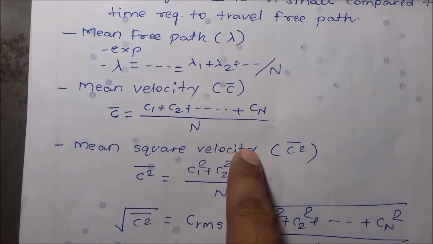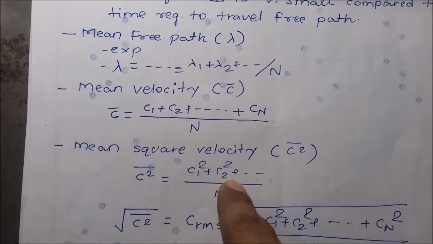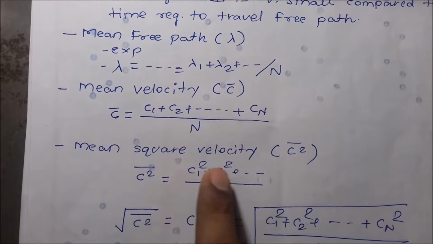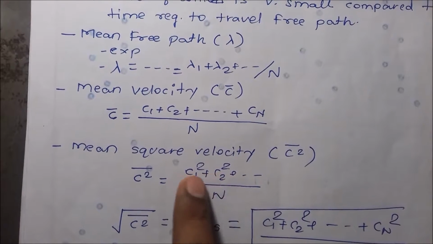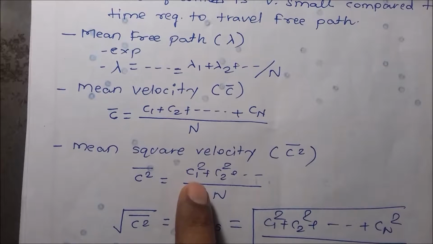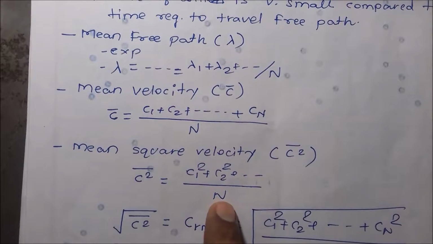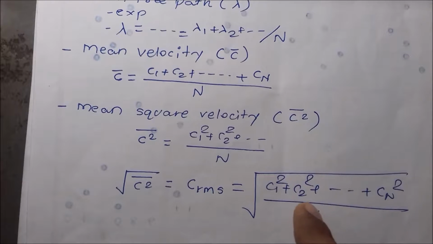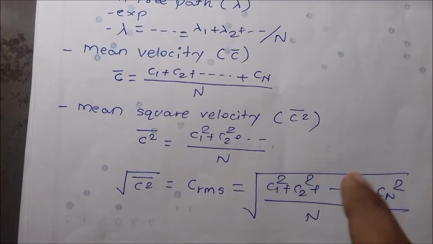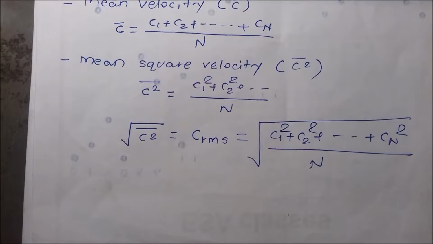Mean square velocity this. C1, C2, C3 are velocities of particle number 1, particle number 2, particle number 3. Therefore mean square velocity is summation of square of all velocities divided by n. And root mean square is root of mean square velocity.